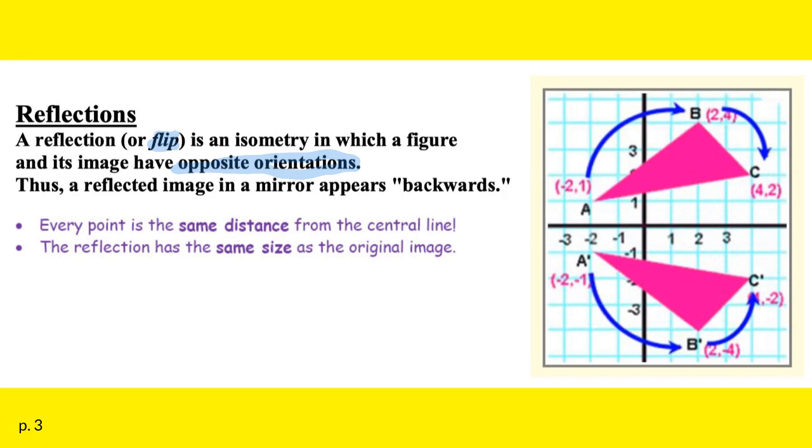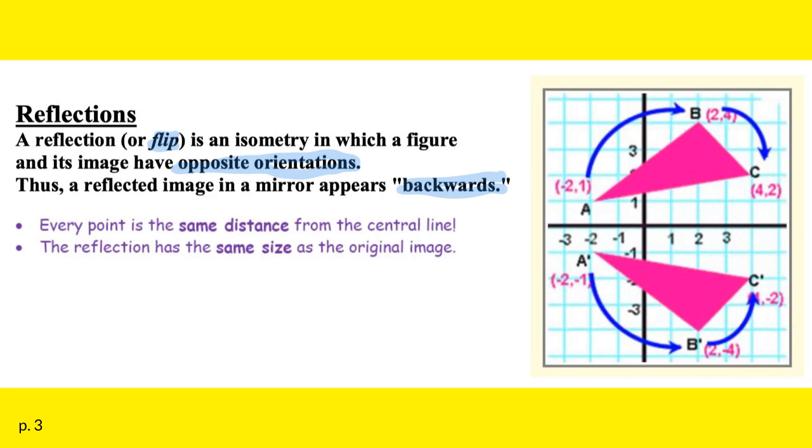This means if your pre-image is going clockwise, then your image would be going counterclockwise, and vice versa. Thus, a reflected image in a mirror appears backwards. Whenever we're creating reflections, we want to think about how it would look if we place a mirror right in front of it, and what the mirror image would look like. That's what we're creating when we create reflections.